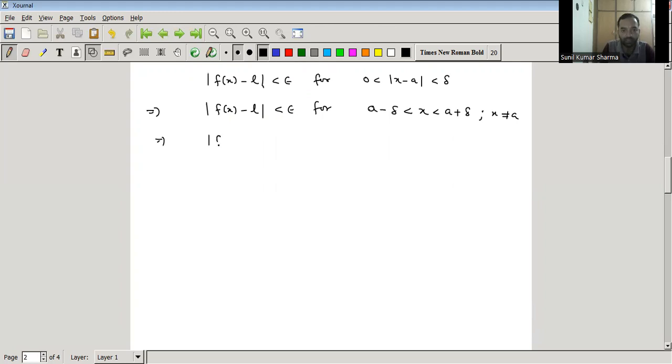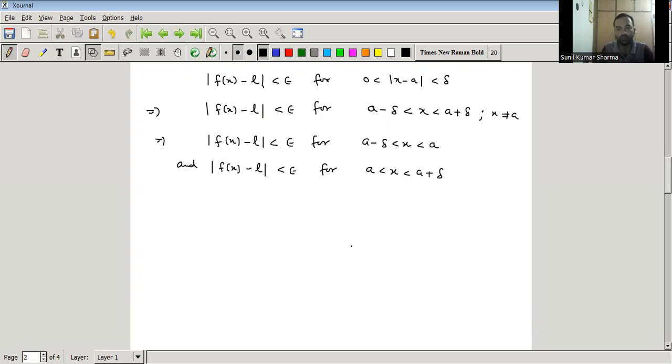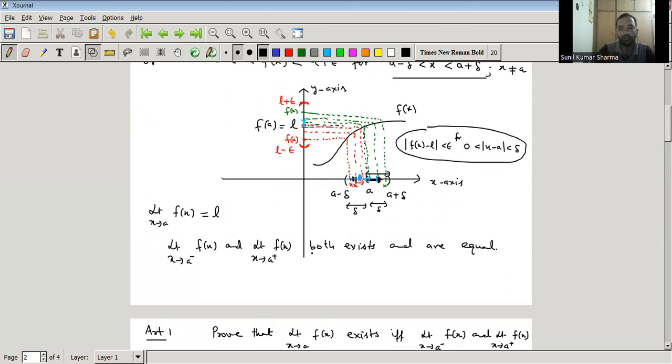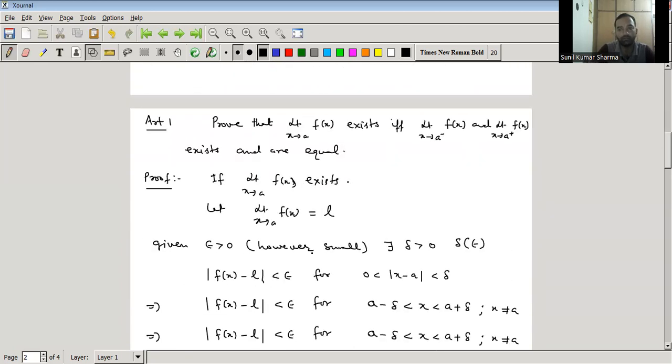This implies mod f(x) minus L is less than epsilon for x between a minus delta and a, and mod f(x) minus L is less than epsilon for x between a and a plus delta. If it is not clear, think about this. We have already discussed this graphically. Visualize a graph, and then we proceed.